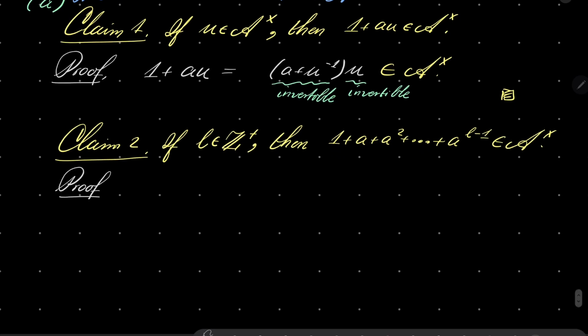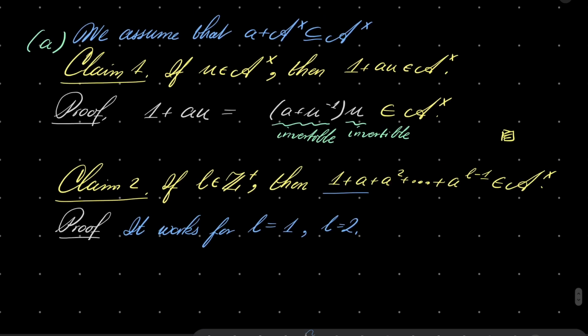Notice that it works for L equal 1, because then we have 1, and for L equals 2, because then we have 1 plus a, and 1 plus a is some invertible element plus a. We assume that it's again invertible.